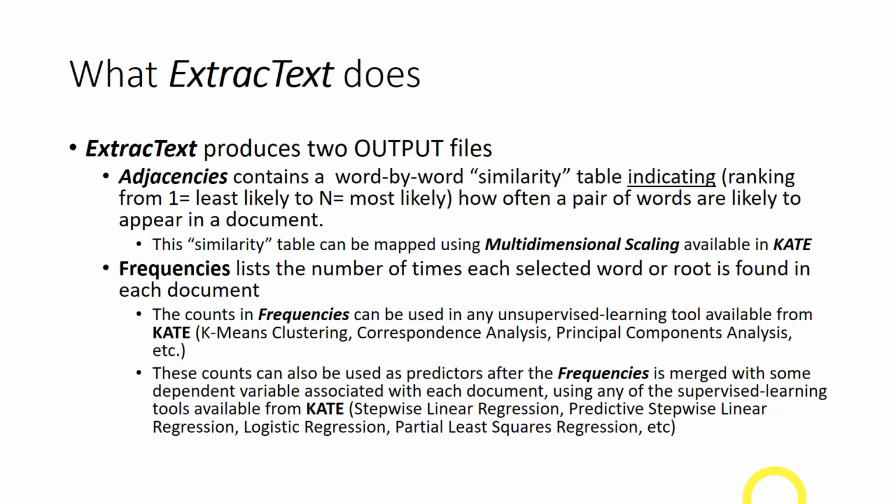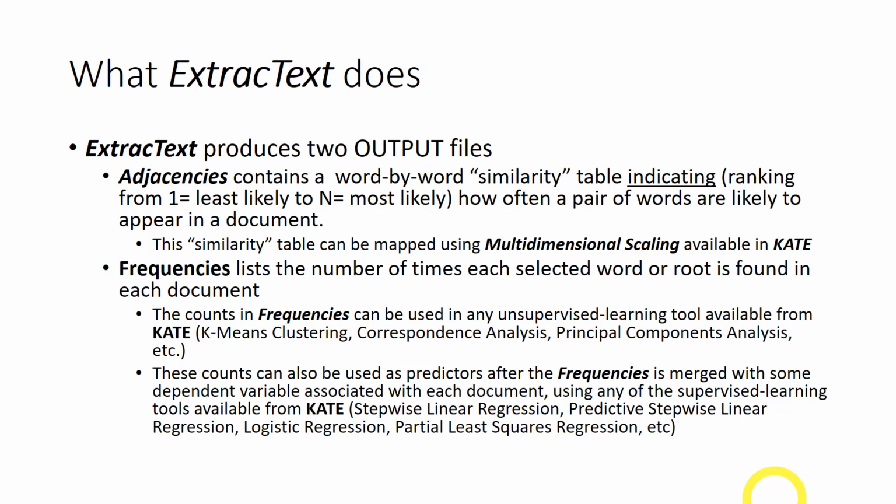Or you can use the counts coded in frequencies with additional variables. So you can merge frequencies with some other variables associated with each one of the documents that you can use as a dependent variable in any of the supervised learning tools available from Kate. In the example I'm going to show, I have hotel reviews that you're going to use to extract and encode the text.